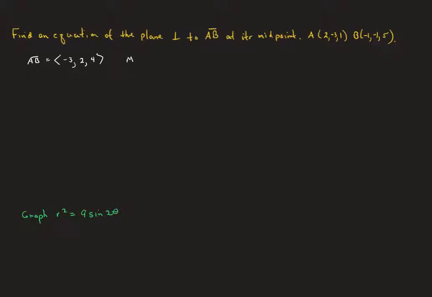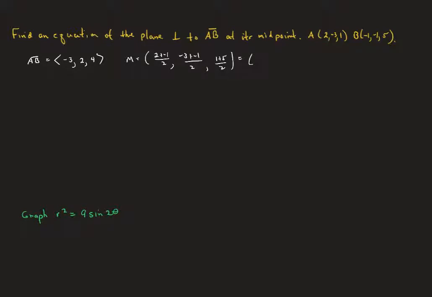Our midpoint, remember, is going to be the average of those x, y, and z coordinates. So that's going to be 2 plus negative 1 divided by 2, negative 3 plus negative 1 divided by 2, and 1 plus 5 divided by 2.